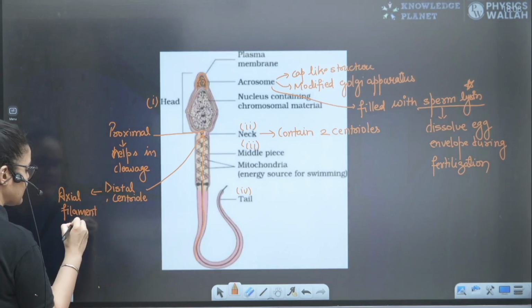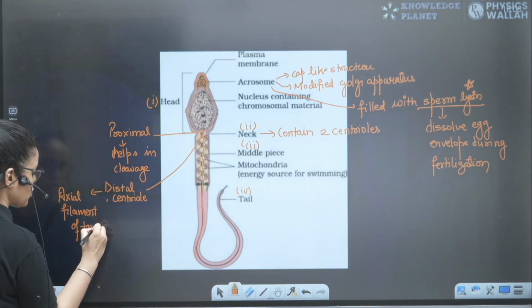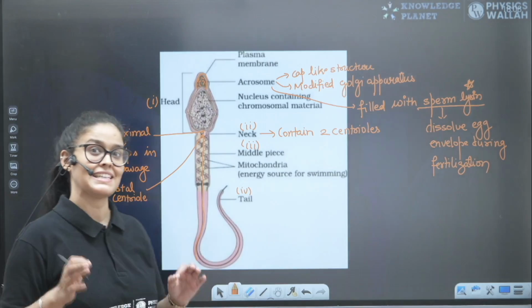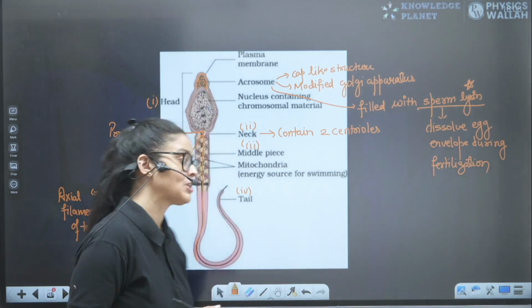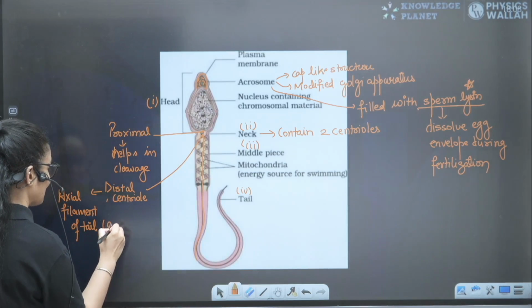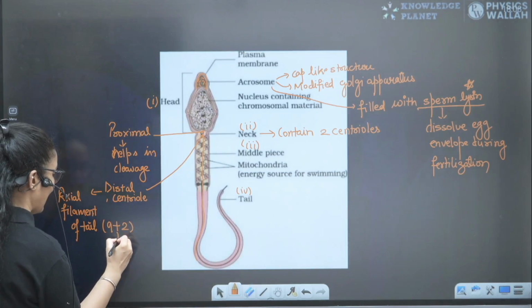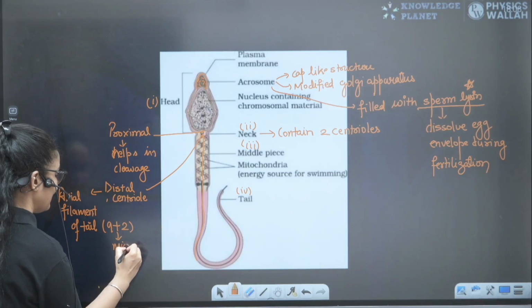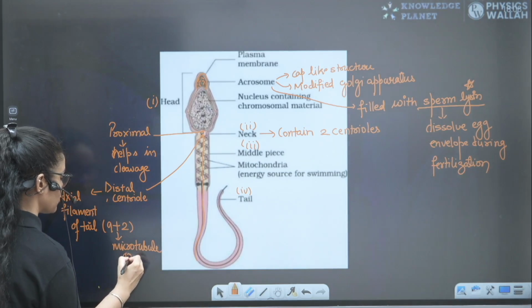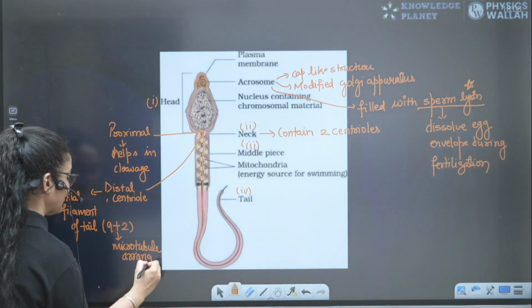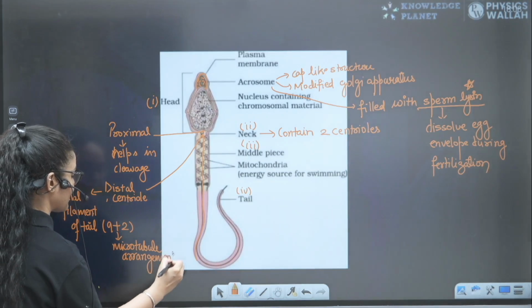I'm sure you have done it in the class 11 cell chapter. What is the axial filament? It is made up of microtubules with a 9+2 arrangement. It's your 11th class part, so you have to remember it.